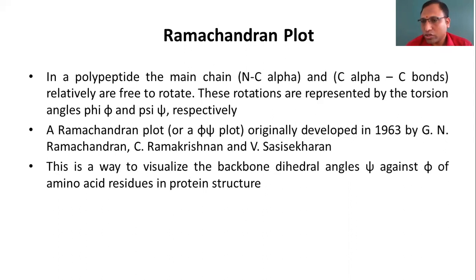They proposed this concept of the Ramachandran plot, which is still very useful for understanding structures. It is a way to visualize the backbone dihedral angles, phi and psi, of amino acid residues in protein structure.